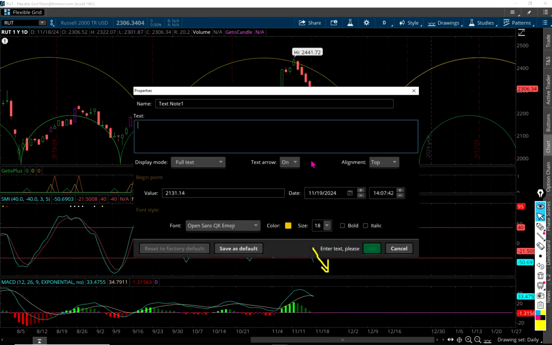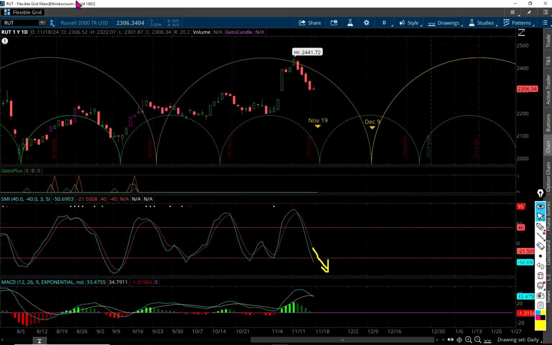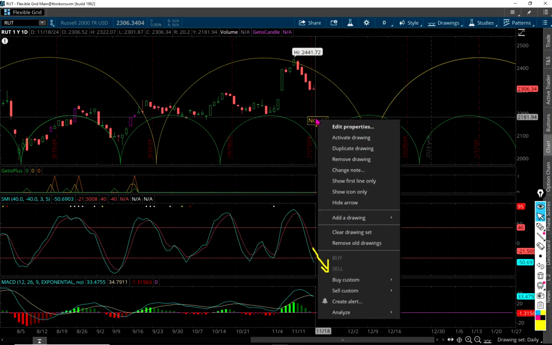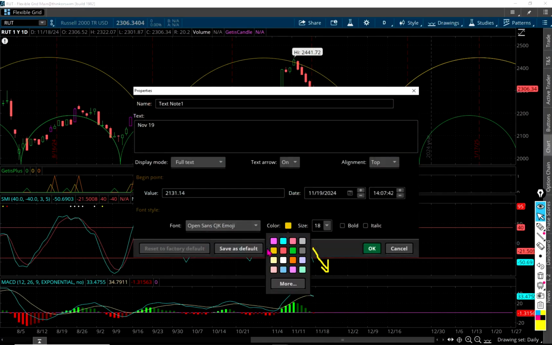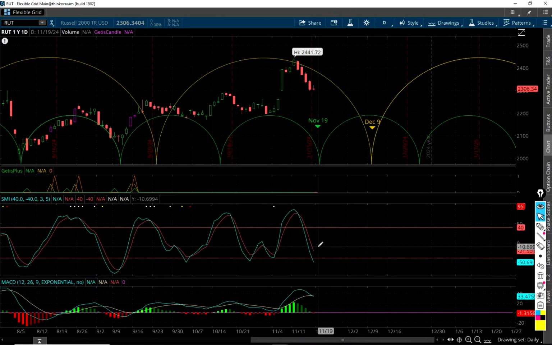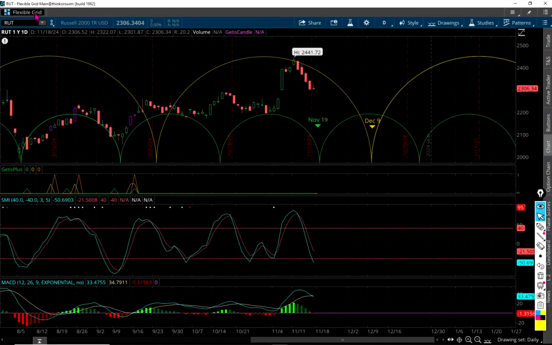That's not tomorrow, but that would be Wednesday, I guess. So there's a little something going on there, right? That's a cycle low. This should be green. It's happening right there. Okay. So I don't think this is quite done yet on the Russell 2000. Probably a little bit more to go there.